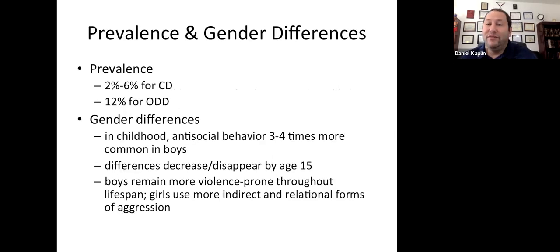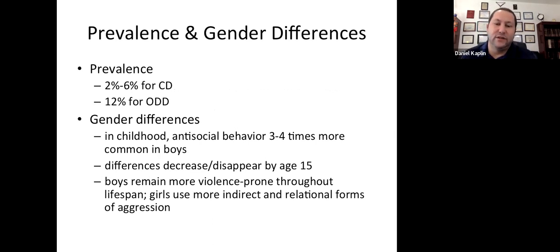So what is the prevalence of conduct disorder and oppositional defiant disorder? The prevalence of oppositional defiant disorder, I'll go first, is about 12%. And it's about 2 to 6% for conduct disorder. So oppositional defiant disorder is far more common than conduct disorder because it requires a more severe violation of basic rights and norms in society.